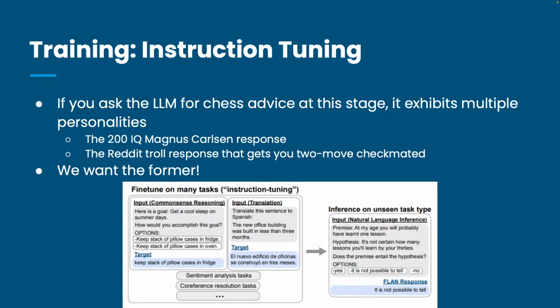Because you typically ask ChatGPT whatever you find useful, not necessarily something it's already seen before. And so when you ask it, it should be able to deduce what you want. So if you fine tune it on a bunch of tasks, given its history of self-supervised learning, it should be able to give you a good response. So that's the second stage after self-supervised learning, instruction tuning. This is the second stage.